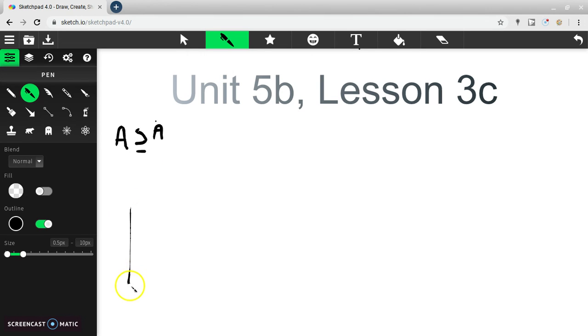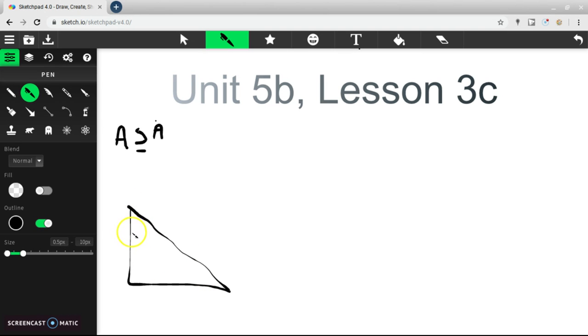What that looks like is this. We have a triangle, we have one side, and then we have another triangle. This side is congruent, and you have these two angles that are congruent, these other ones, and the included side is the one that's in the middle.